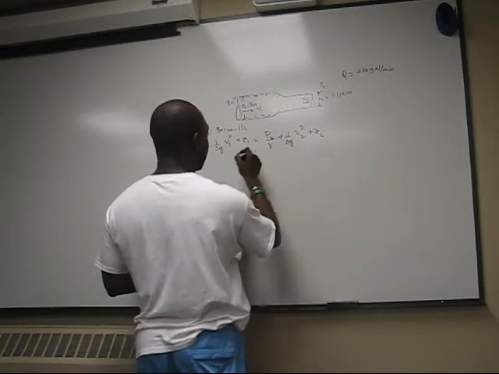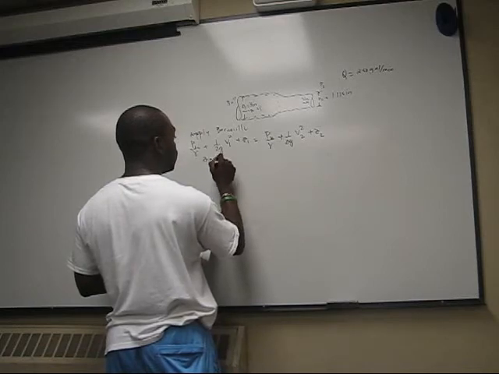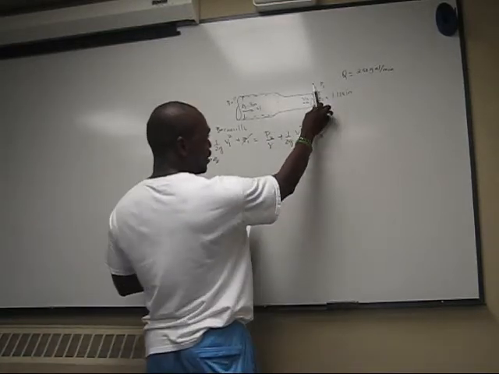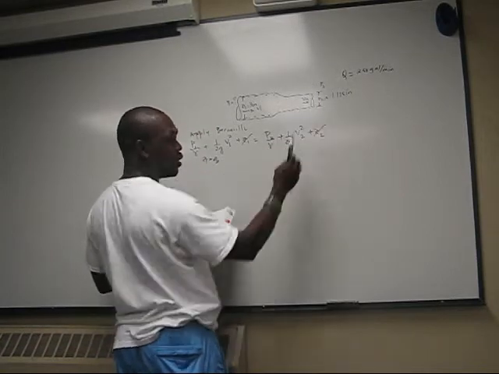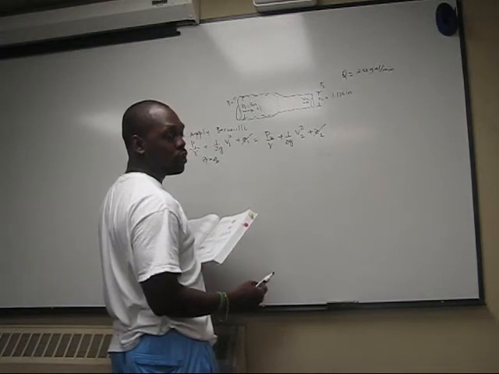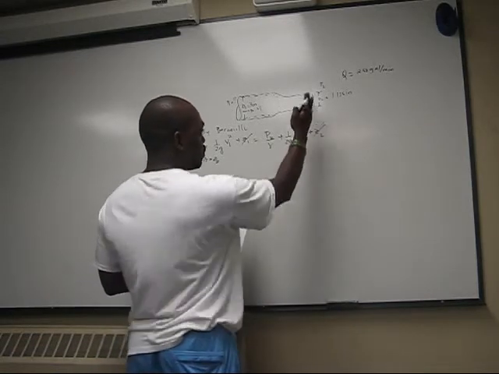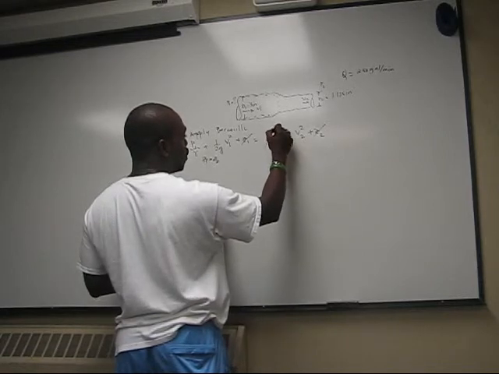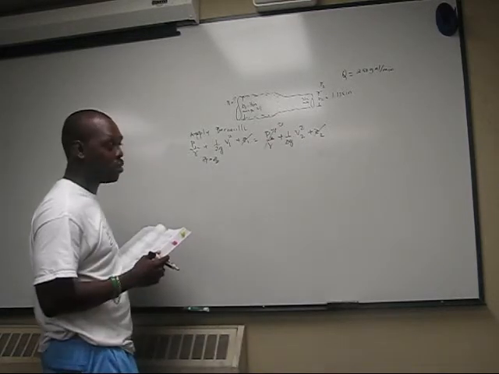Here we can state Z1 equals Z2, so because they're equal, we can cancel. Also, this side is exposed to the air, so if we're using gauge pressure, this one should be 0.